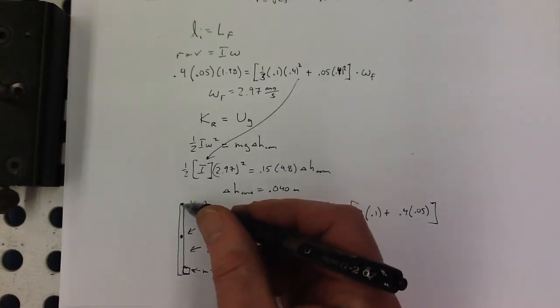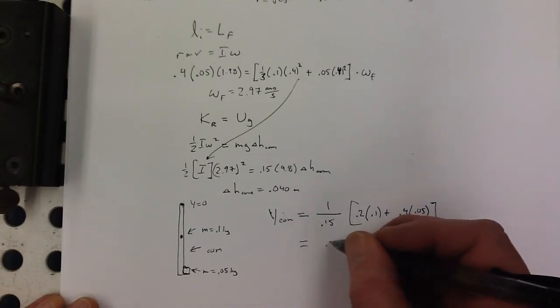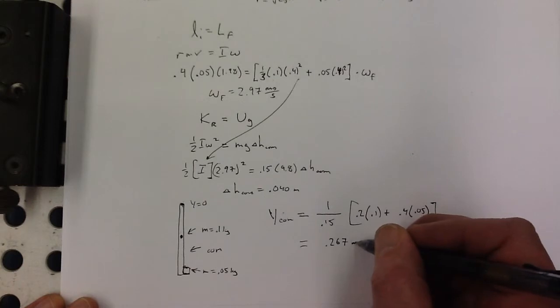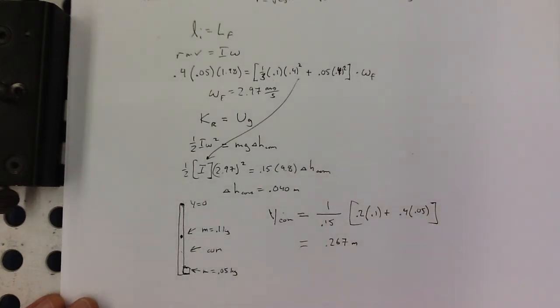Right? That's 0.2 away from my 0, that's 0.4 away. And then when I do this, I should get 0.267 meters. That's the distance from the axis to the new center of mass.